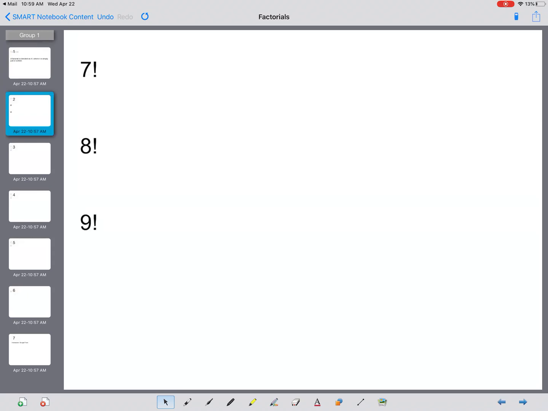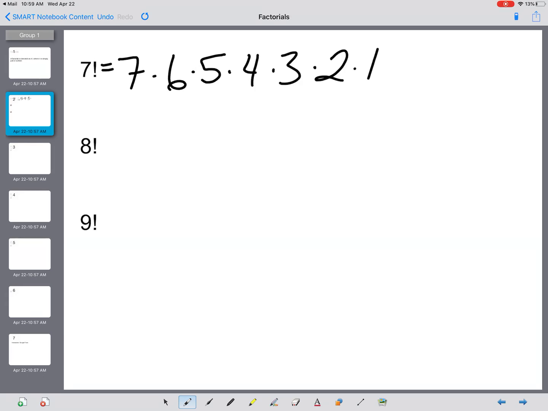So now, when we do n factorial, for example here we have 7 factorial, all we're going to do is take 7 times 6 times 5 times 4 times 3 times 2 times 1.